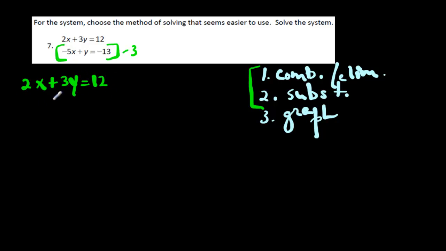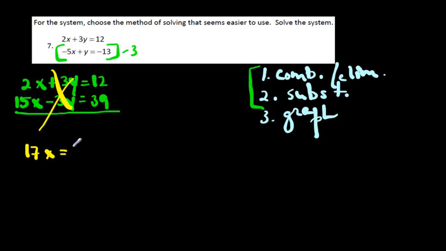And then the new bottom equation is going to be -3 times -5x is 15x. -3 times y is -3y, which is exactly what we wanted. -3 times -13 is 39. Now we add down. The adding down is going to eliminate the y terms.